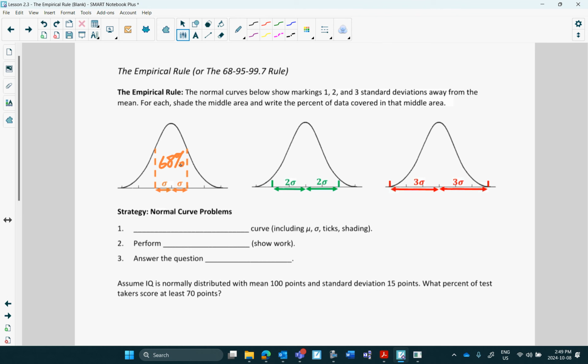68, when we're dealing with a normal distribution, a bell-shaped curve, 68% of all the data values will fall within one standard deviation of the mean. So remember, the whole thing is 100%, right? Everything under the curve is area of 1 or 100%. Well, 68% is going to be within one standard deviation. So over half is going to be in this section.